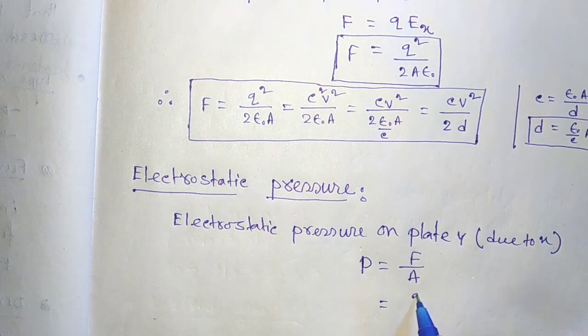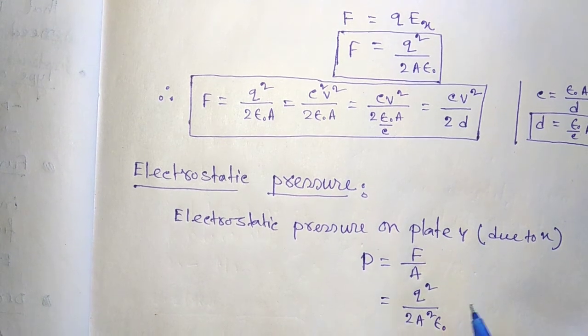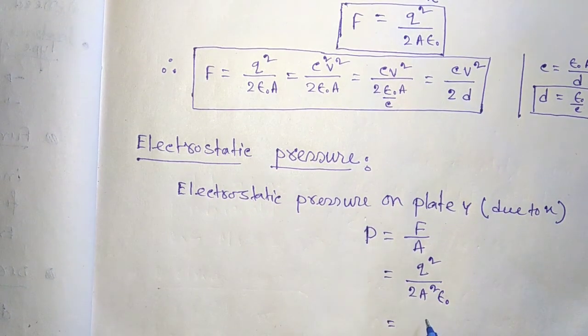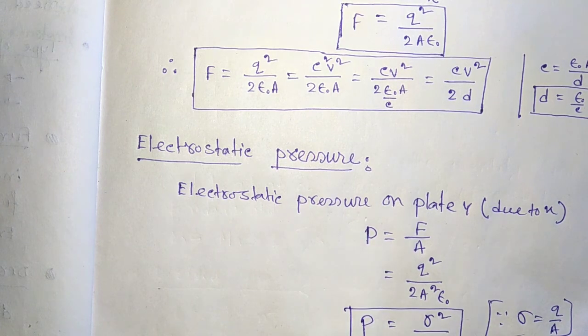So this equals Q square by 2A square epsilon naught, which equals sigma square divided by 2 epsilon naught, where sigma equals Q by A. Now this is the electrostatic pressure.